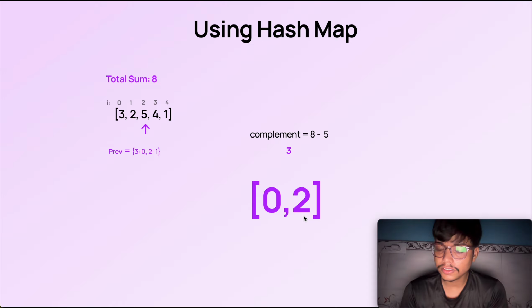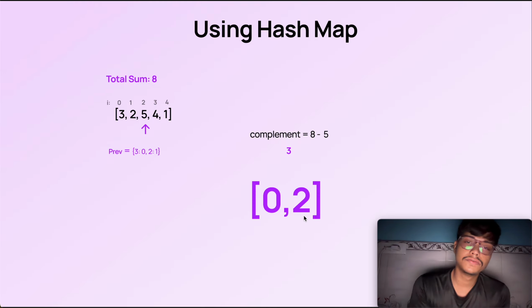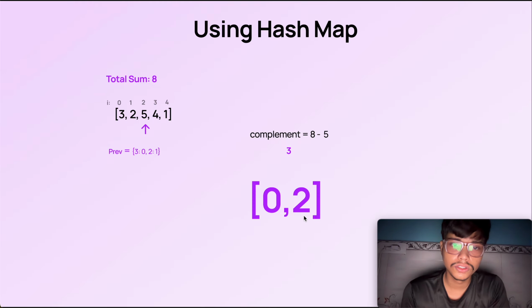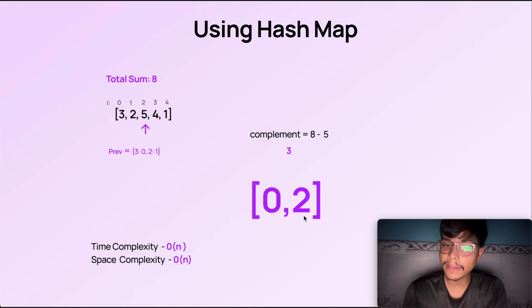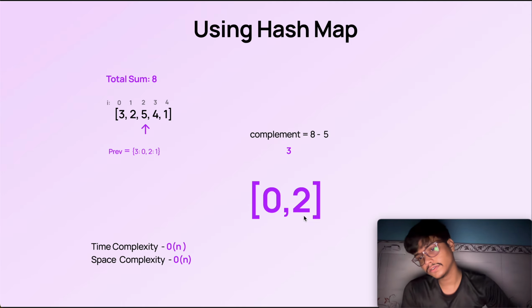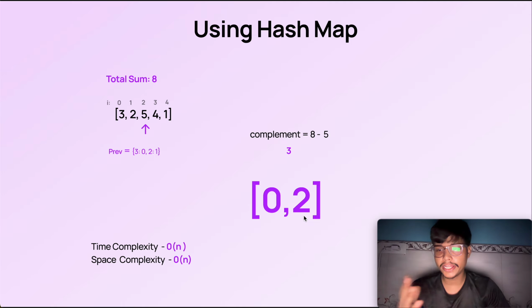So what about the time complexity? Have we optimized from our previous approach? The time complexity is O(n), because we are iterating once over n elements.